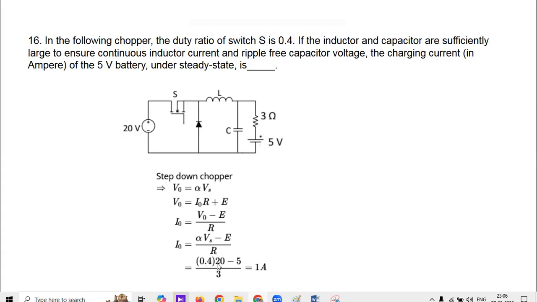So 0.4 into 20 minus 5 divided by 3, which is nothing but 1 ampere. So the charging current is 1 ampere, which is the required answer.